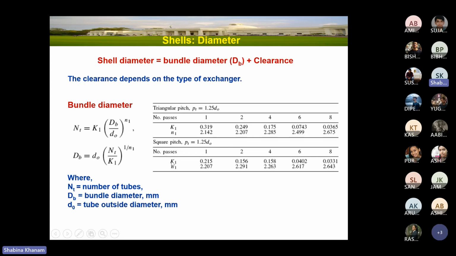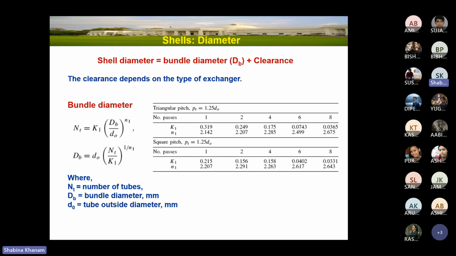Similarly for a triangular pitch, depending upon the passes you can choose K1 and N1, depending upon the tube passes. I am not talking about shell pass over here. So the point is, the bundle dia will be equated to the OD of the tube, the number of tubes, and this K1 and N1, and it will depend on the pitch, that is, how closely the tubes are arranged.